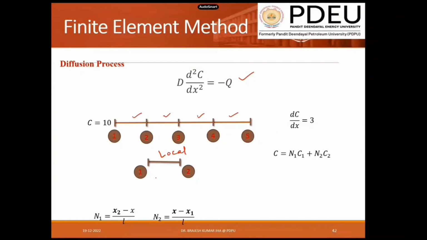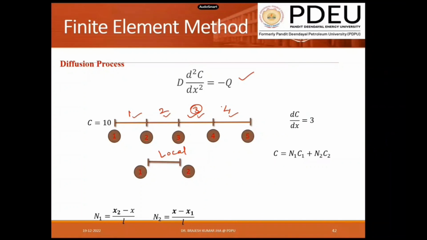When we are solving locally, the node information will be 1 and 2, but once we assemble, it has the position between 3 and 4. This is the third element that we are talking about. Accordingly, we will handle all the elements. The number of elements is 4 here: 1, 2, 3, 4. You can extend accordingly. To understand the finite element method, we have used the most simple problem.